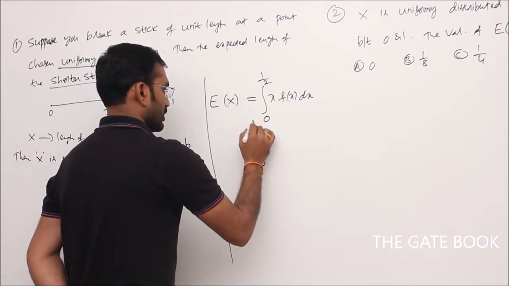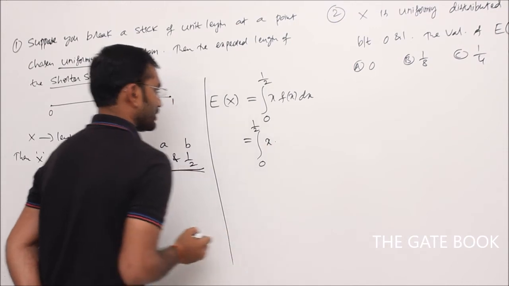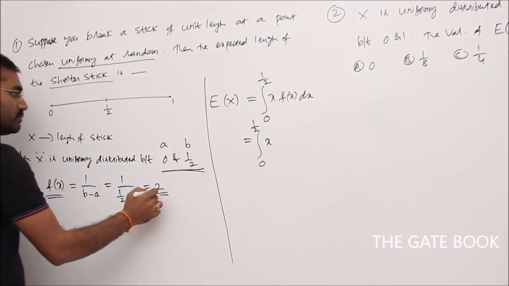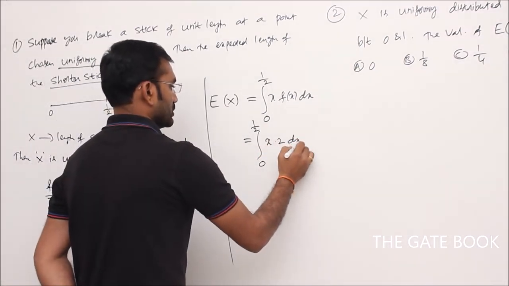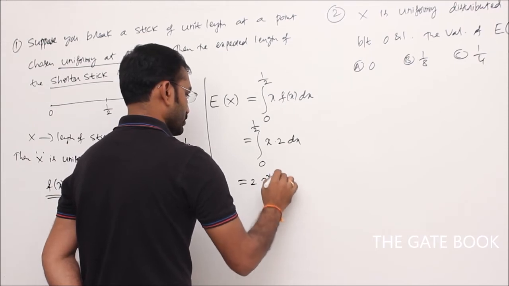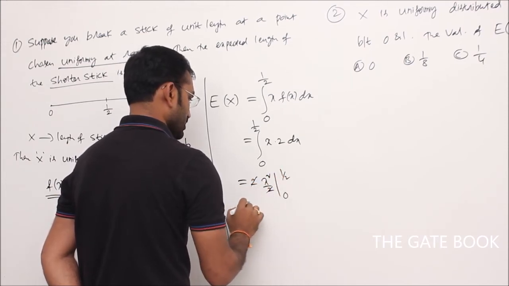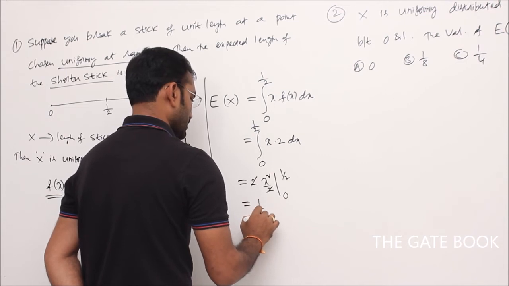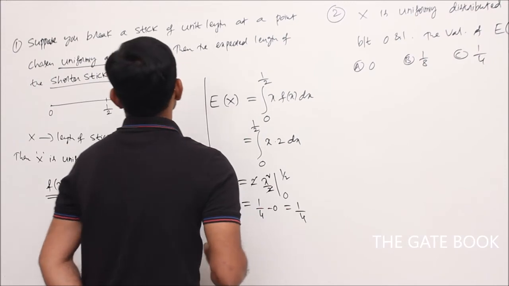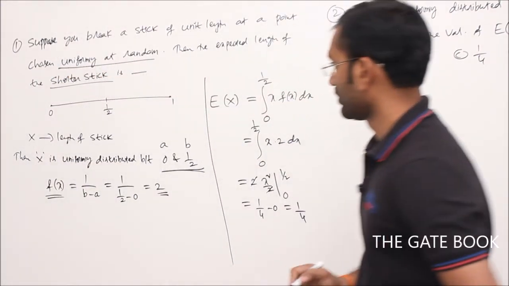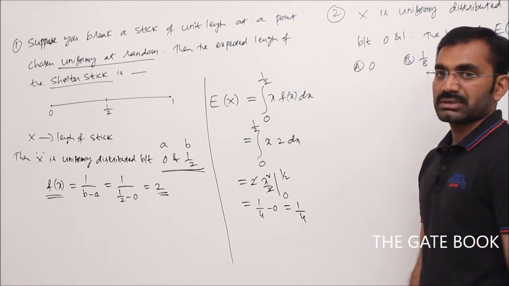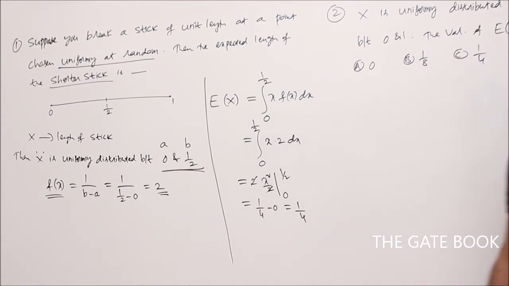So the integral from 0 to 1 by 2 of x into our function f(x), the PDF of the uniform distribution, which we got as 2, into dx. So 2 into x square by 2 between 0 to 1 by 2. 2 will get cancelled. For the upper limit 1 by 2, we will get 1 by 4 minus 0, which is equal to 1 by 4. So the expected length of the shorter stick is 1 by 4. This is regarding the first problem. Now come to the second question.